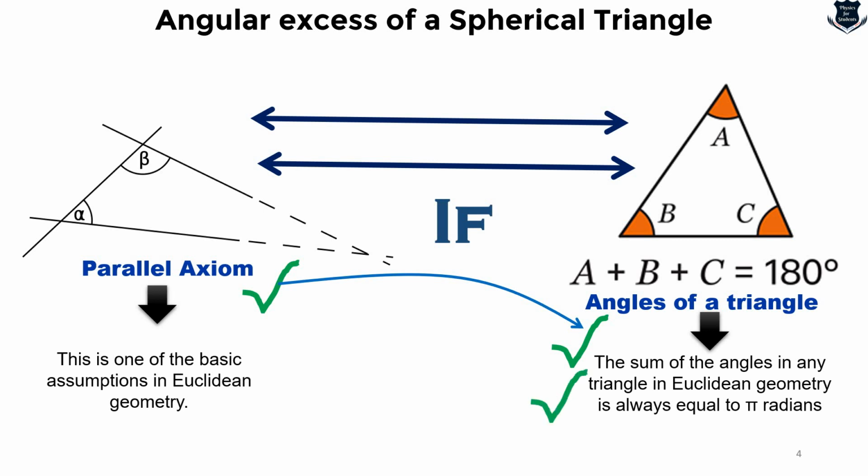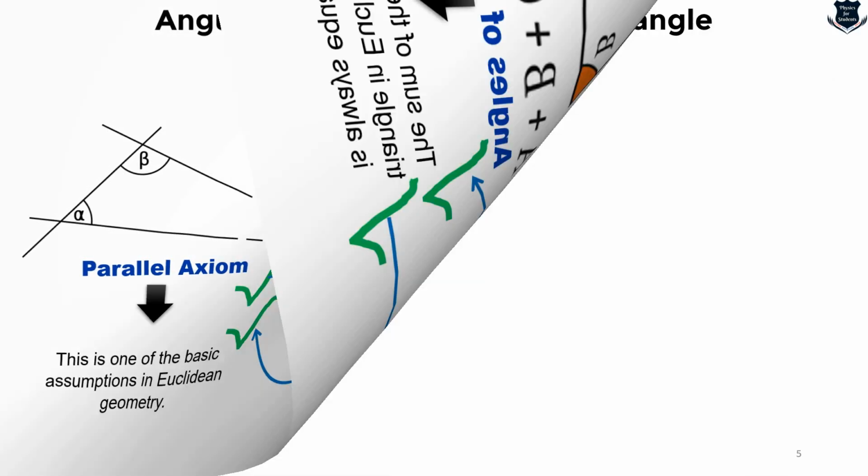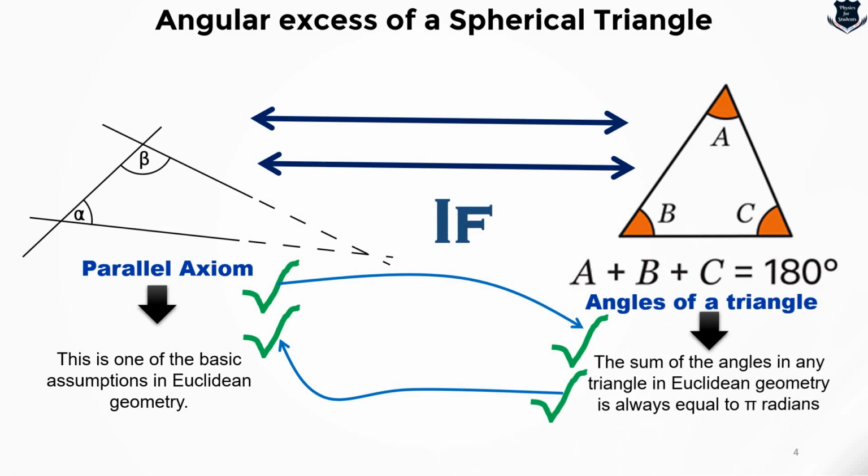Conversely, if you can demonstrate that the angles of a triangle always sum up to pi, then from there you can derive the parallel axiom. So the equivalence is significant because it highlights the interconnectedness of the axioms of Euclidean geometry. This understanding allows you to build upon it and reach other important results.